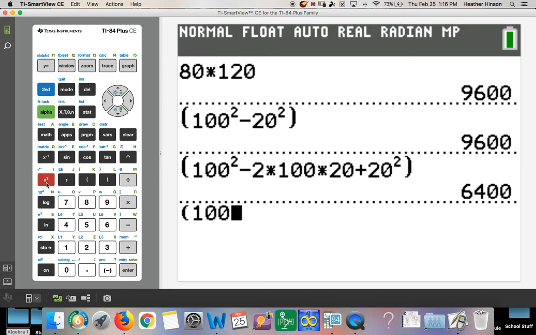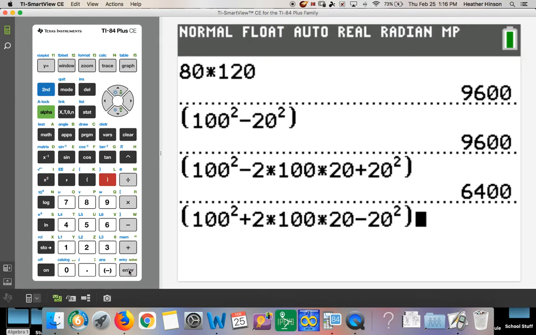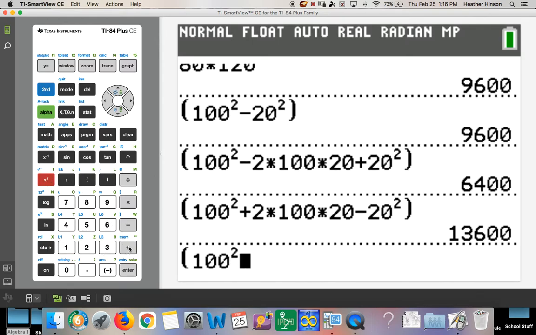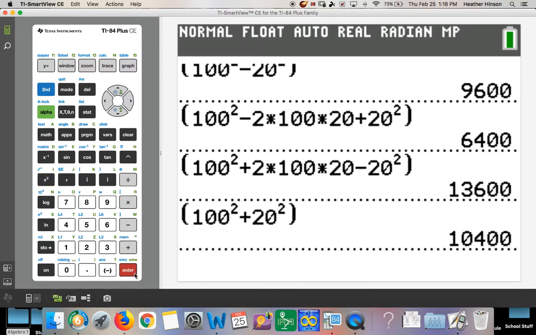C is 100 squared plus 2 times 100 times 20 minus 20 squared. That one's 13,600, so that one's not right. And D is 100 squared plus 20 squared, and that one is 10,400, so that one's not right either.